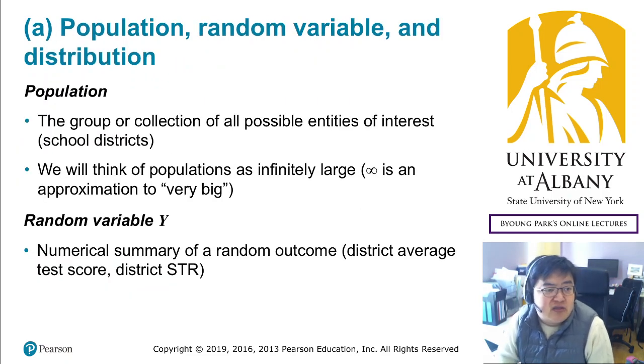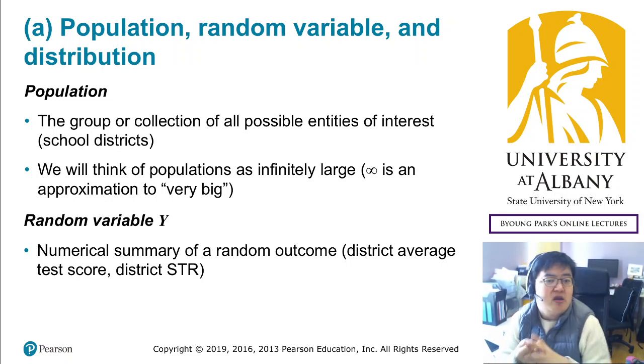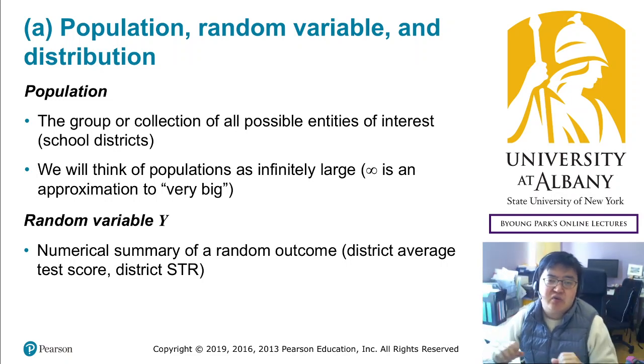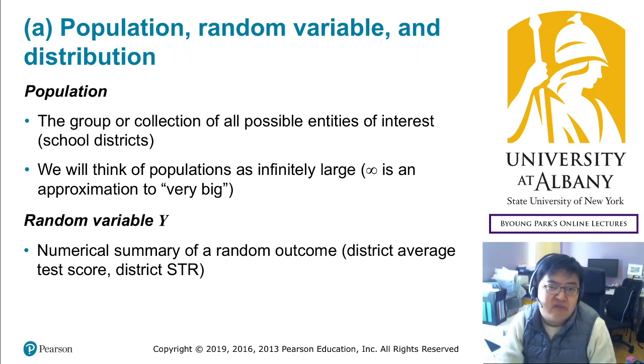Population, random variable, and distribution. First, population. It is very important to understand the difference between the population and the sample. The population is the group that we want to know, everyone in the group that we would like to understand.